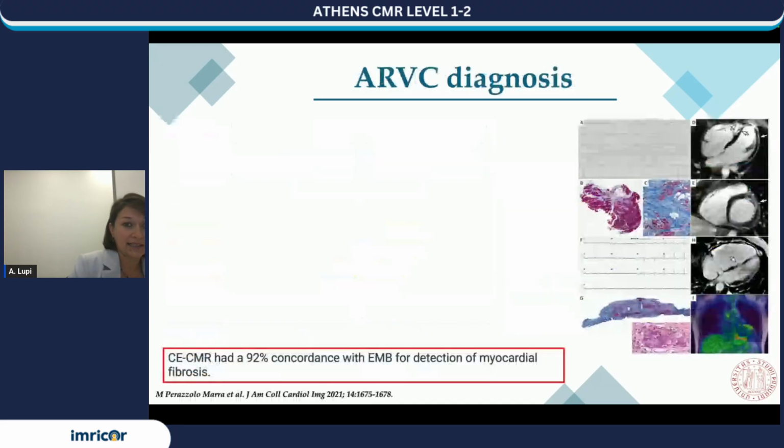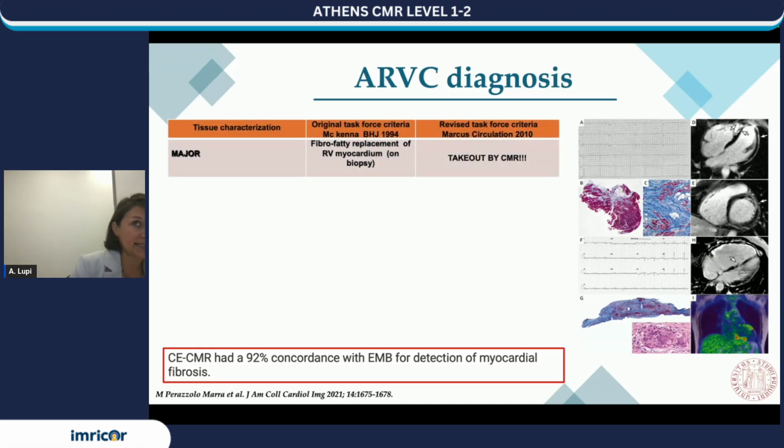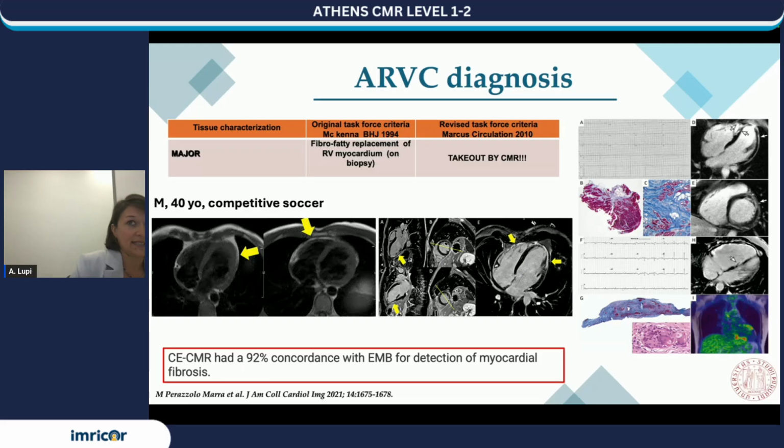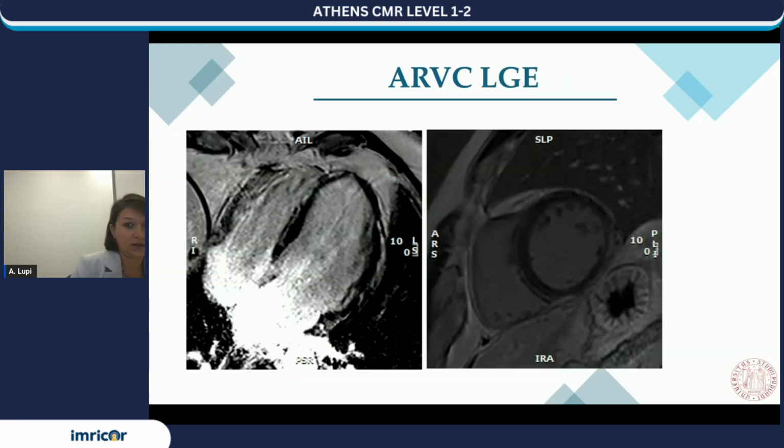In fact, the history of arrhythmogenic cardiomyopathy already demonstrated the strong agreement between CMR and endomyocardial biopsy findings in detecting myocardial fibrosis, and this led to a revision of the diagnostic criteria to incorporate CMR, which has since gained significant value not only in diagnosis but also in prognosis.